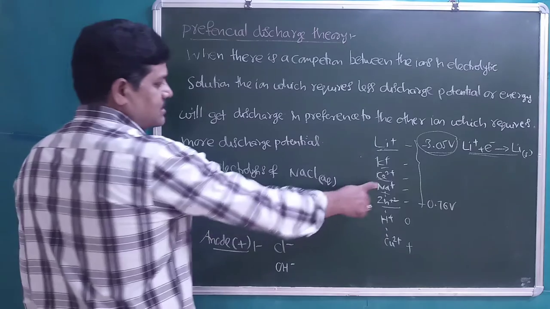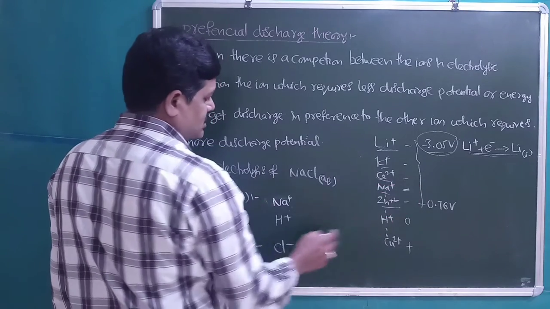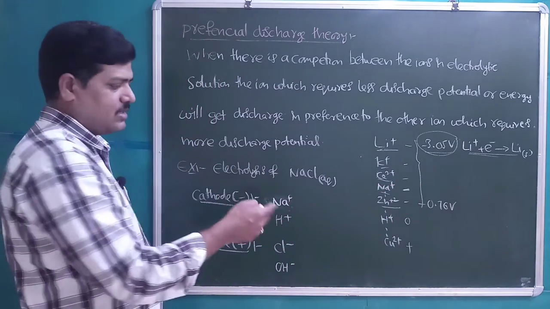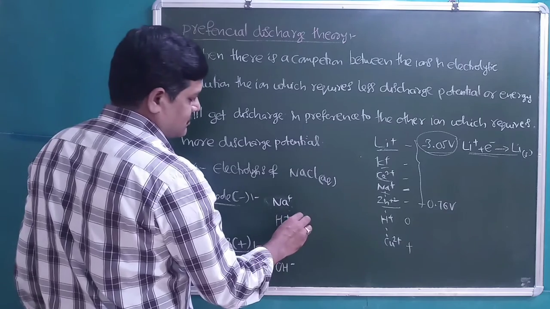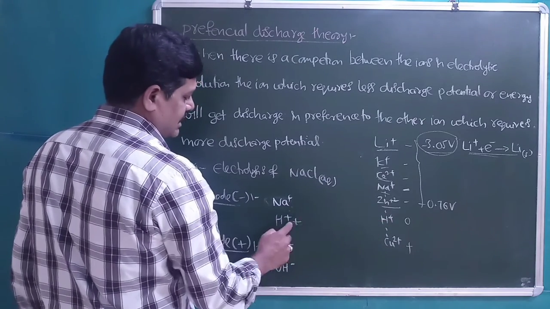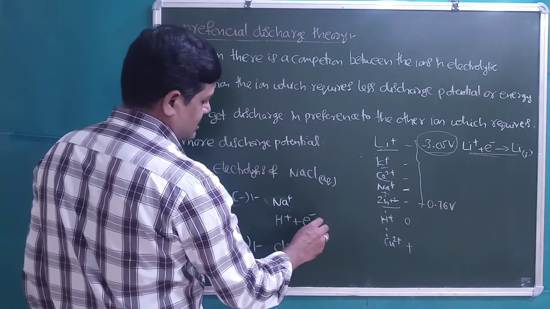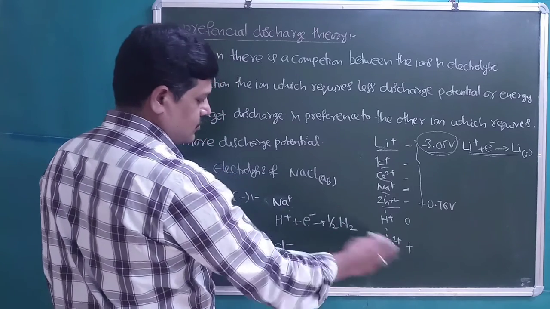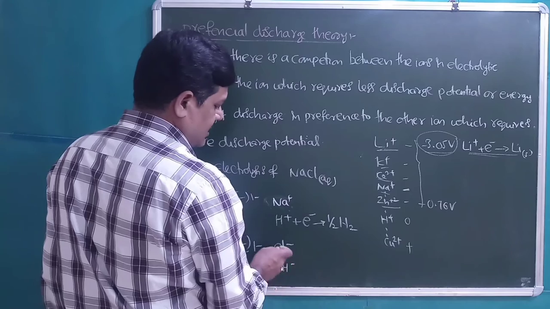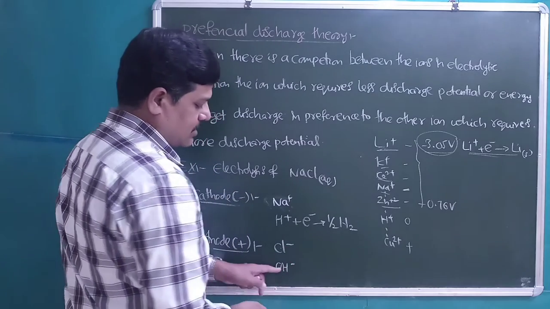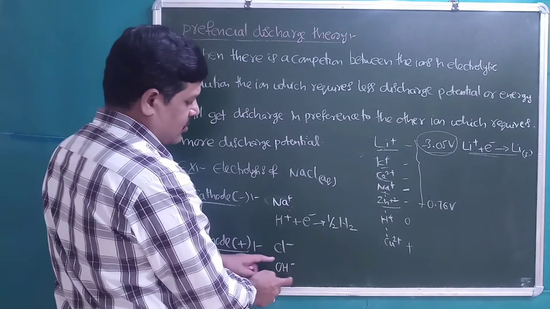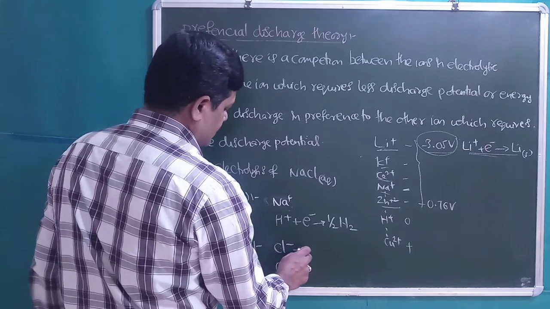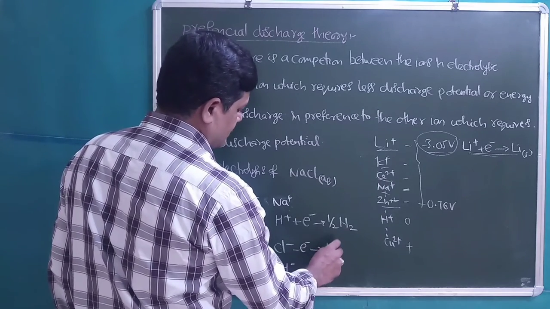Na+, having a more negative reduction potential, needs more discharge energy. Then H+, which requires less discharge energy, will get discharged in preference to Na+, so H2 is formed. Between Cl- and OH-, OH- being a complex ion requires more energy, while Cl- is a simple ion, so minus an electron it gives half Cl2.